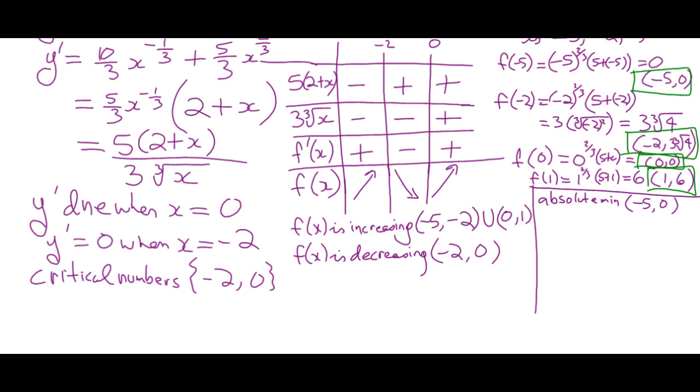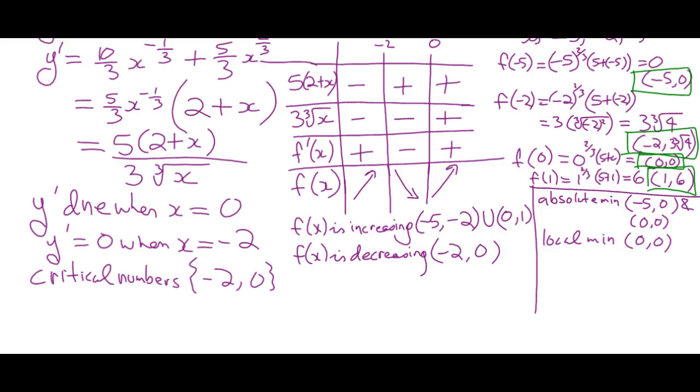What about a local minimum? Oh wait, is there another absolute minimum? Sorry, 0, 0. So absolute minimum at negative 5, 0 and 0, 0. How about a local minimum? Yeah, at the point 0, 0. So local minimum at 0, 0.